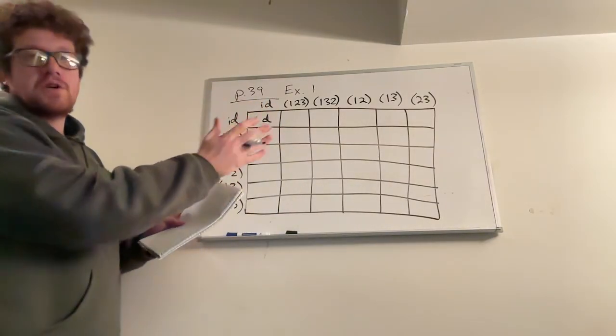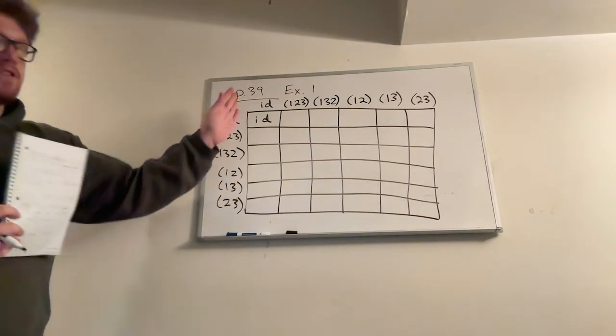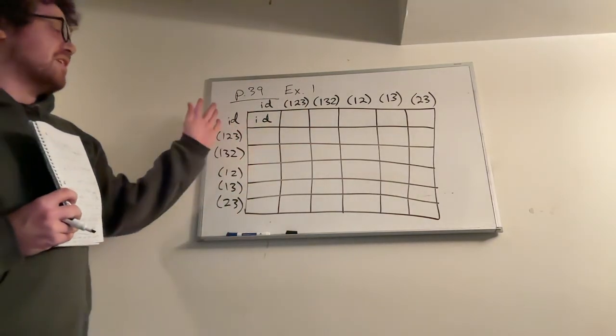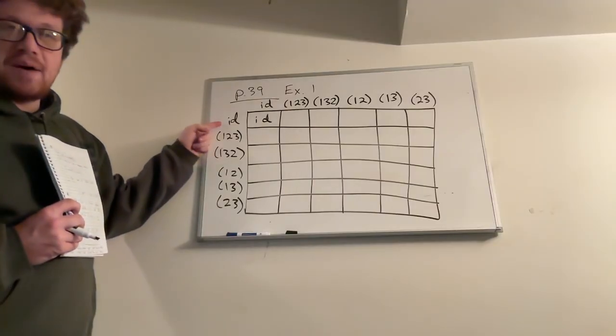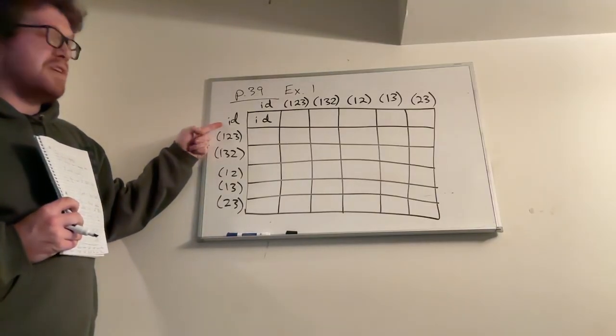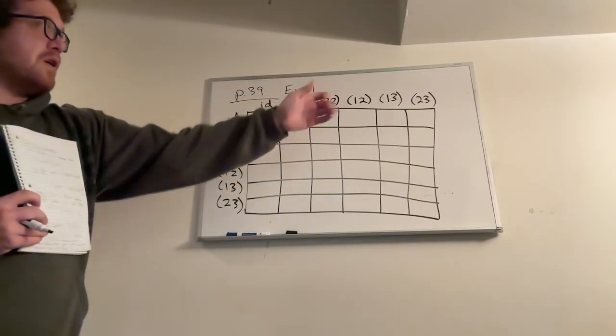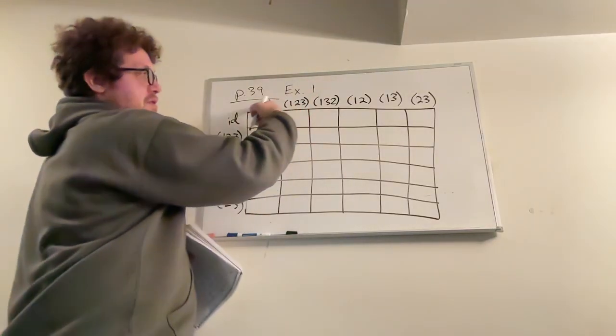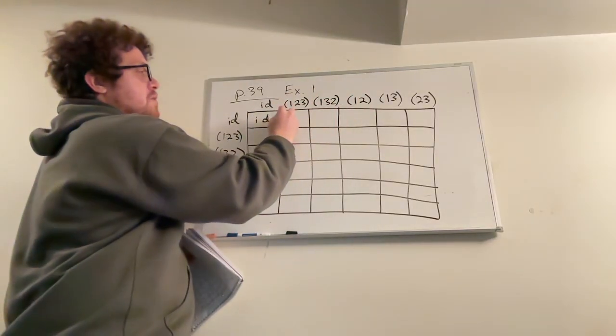And since there's 36, I'll do the first row, but then I'm just going to write the rest in. Actually, the first row is kind of easy because every time we multiply by the identity on the left, it doesn't change anything, right? So the first row should just be the same order as the elements themselves, because we're not doing anything.